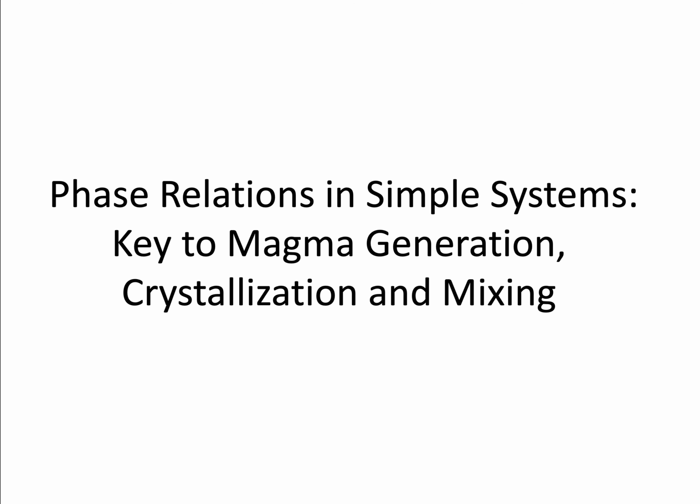So now we will continue with the phase relationships in simple systems, and that is the key to magma generation, crystallization, and mixing. We have now split the igneous class and the metamorphic class into the petrology of igneous and metamorphic rocks, which is a third year class, and in the fourth year class we have the petrogenesis of the igneous and the metamorphic rocks.